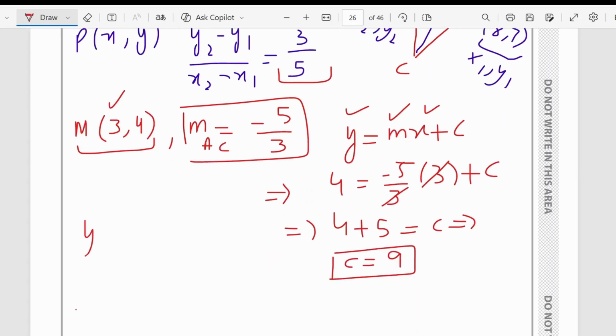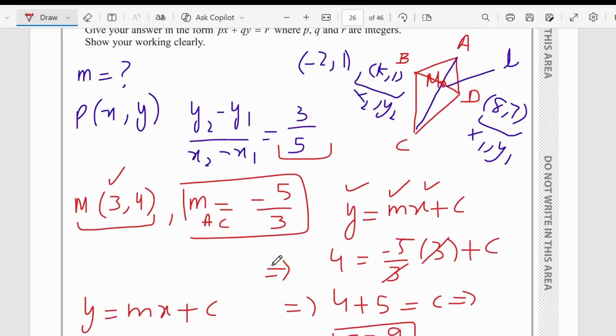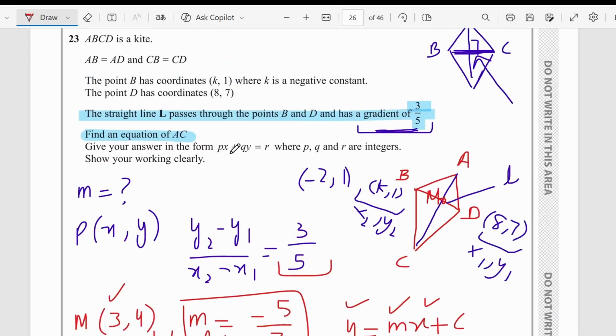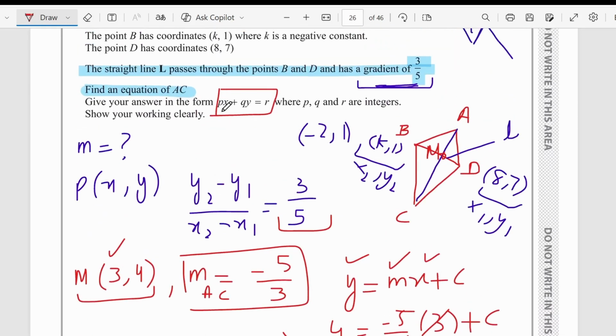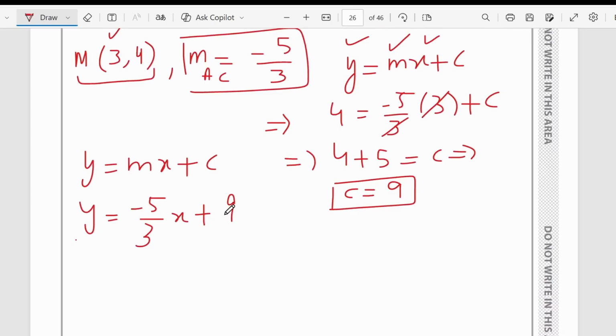Now in the general equation y equals mx plus c, we substitute the value of the gradient and the value of c. So we get the equation of the straight line, but we are given that it should be in this form. So it means we are going to remove the denominator and move the x value to the other side. If we cross multiply the 3, it will also multiply with the other value, because it doesn't have any denominator.